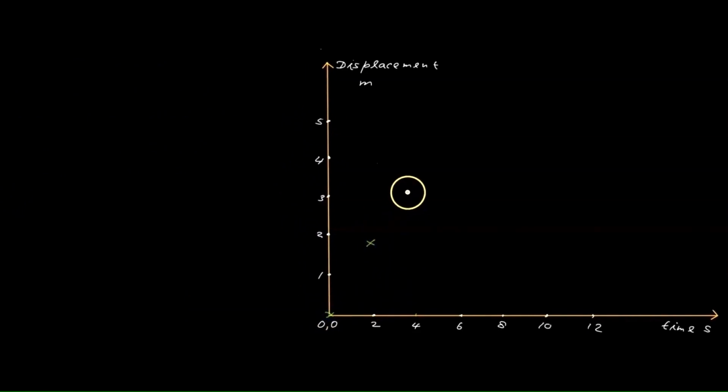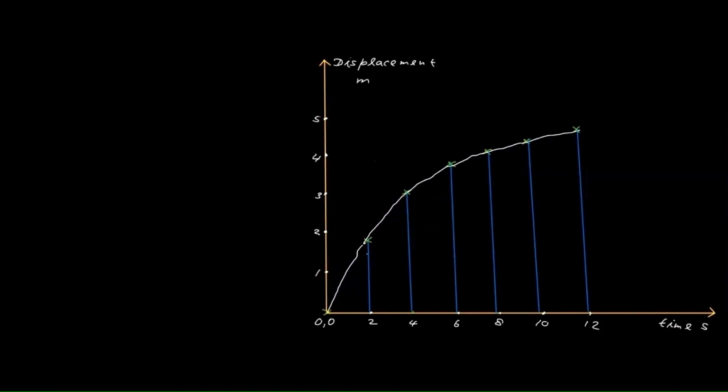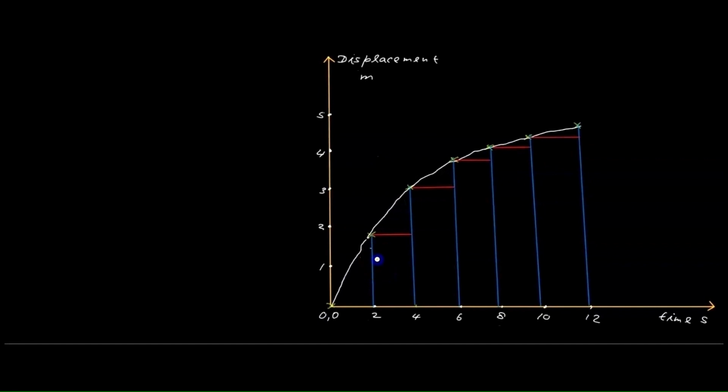Now plot the curve. Draw lines parallel to the displacement axis to find the displacement at each time. Draw red lines perpendicular to these lines.